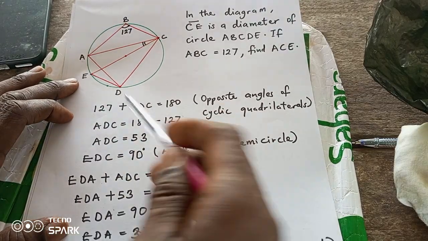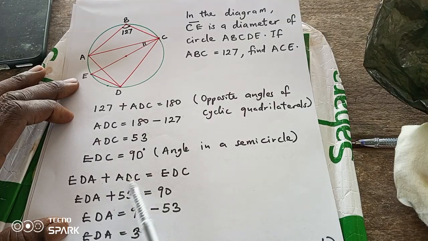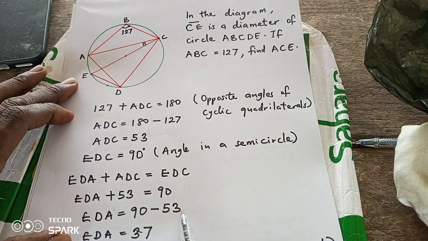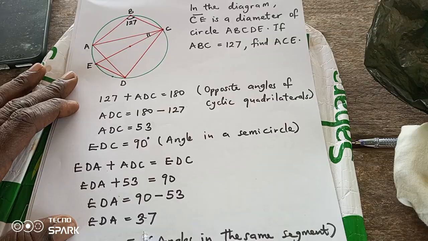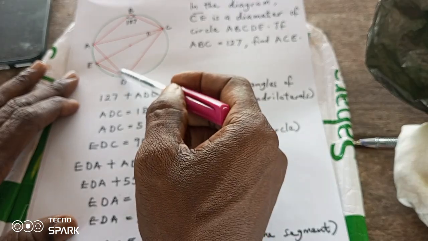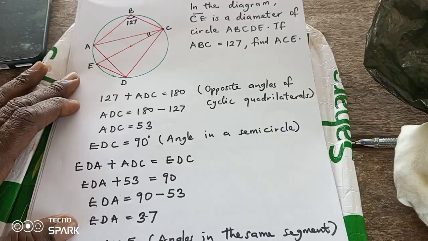So 53 goes to the other side as minus 53. 90 minus 53 is 37. So the angle here is equal to 37 degrees.